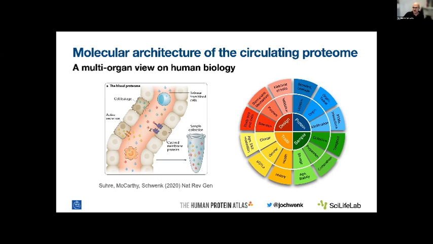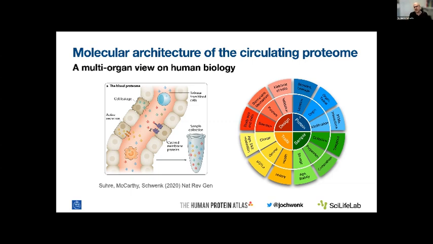When the targets of interest are the main focus, where do these proteins come from? What are the processes that lead to them being found in the circulation? And what are the other molecular traits of these proteins, for instance isoforms, post-translational modifications, interactions, and so forth, that give deeper insight into these proteins?